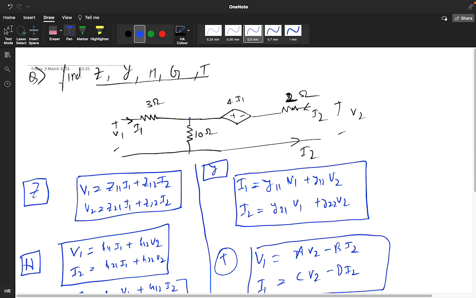It's a T network. But the problem here is that we have one dependent source, am I right? So how do we solve this dependent source?